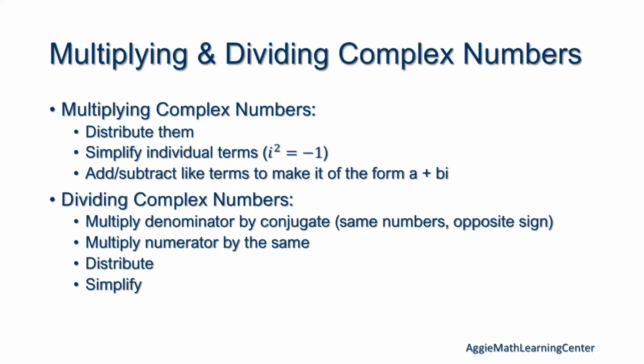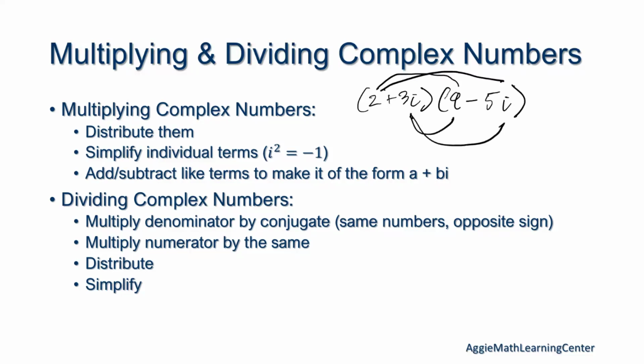So for example, we'll do 2 plus 3i and 9 minus 5i. Just like before, we're going to be multiplying across with 2 times 9, and then 2 times -5i, and then we'll have 3i times 9 and 3i times -5i.